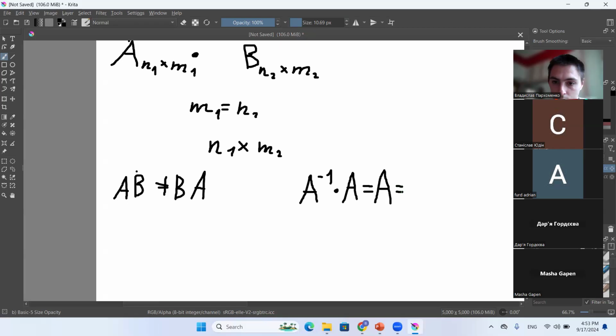Yeah, so all elements except the main diagonal are zeros. And actually, such an operation, multiplying by the inverse matrix, is commutative. So we can change the order if we need.